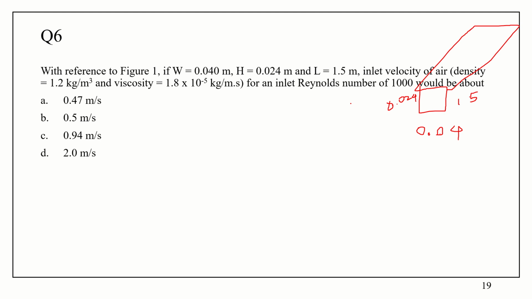We are going to find the inlet velocity of air whose density and viscosity are 1.2 kg per meter cube and 1.8 into 10 power minus 5 kg per meter second, with Reynolds number 1000, and the rectangular duct is 1.5 meter in length, 0.024 meter in height and 0.04 meter in width. Now I'll actually solve it in the next slide.